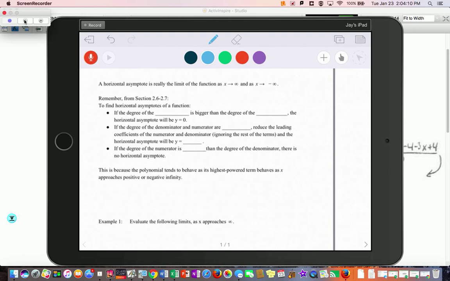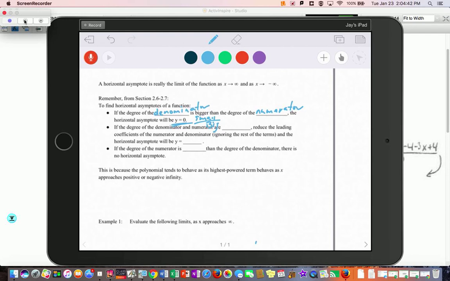So if the degree of the denominator is bigger than the degree of the numerator, what I call small over big, then we have horizontal asymptotes at 0, which means the limit would go to 0.